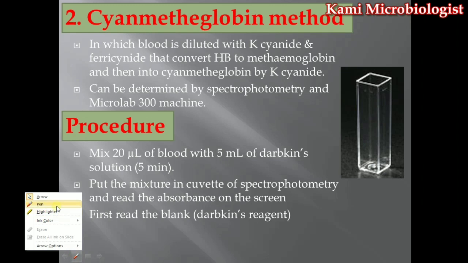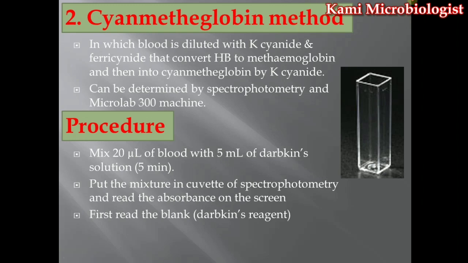Now let's talk about the cyanmethemoglobin method. Again, in this case we use potassium cyanide and ferricyanide. So once the blood is diluted with potassium ferricyanide, it will be converted into methemoglobin, and then it is further converted into cyanmethemoglobin by the action of potassium cyanide.